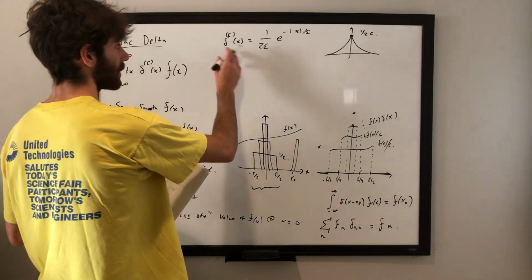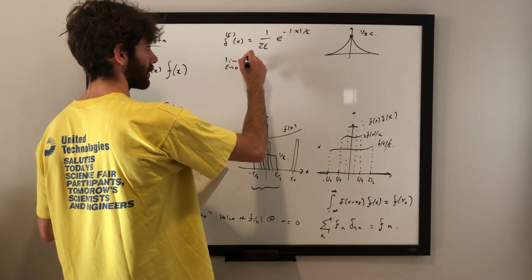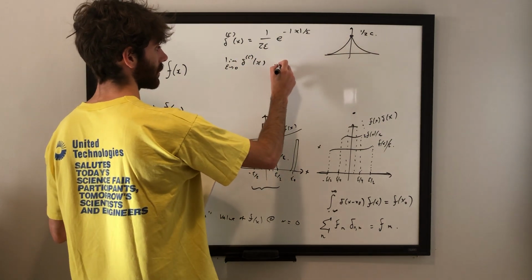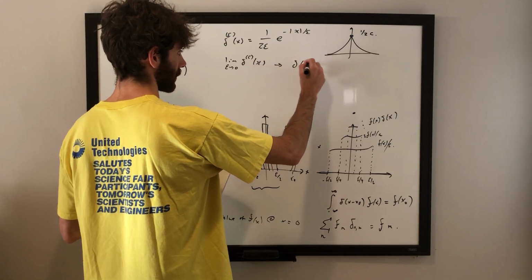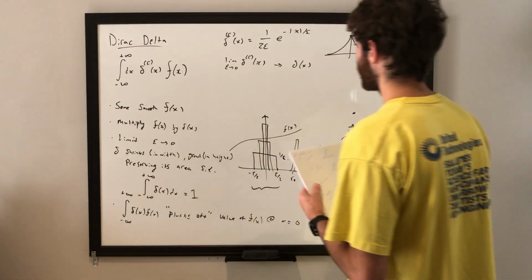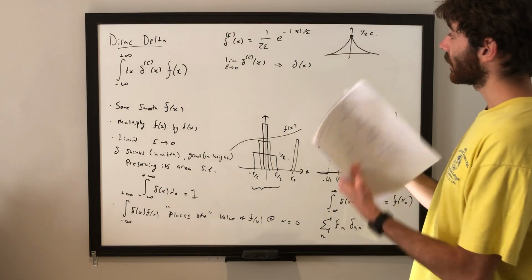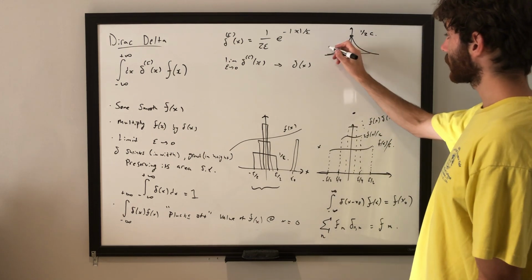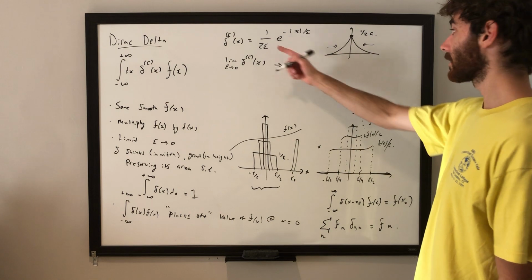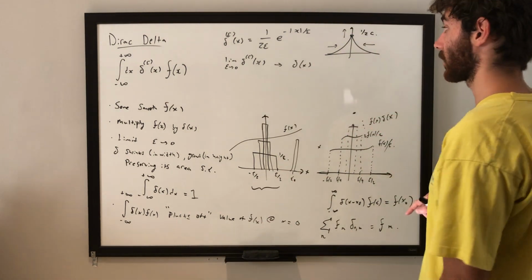So in the limit epsilon goes to 0, delta epsilon of x of this guy, this is the delta function. And you can again imagine that as I decrease epsilon, the width of this will shrink, but simultaneously the height will grow, and it'll approach this perfect spike.